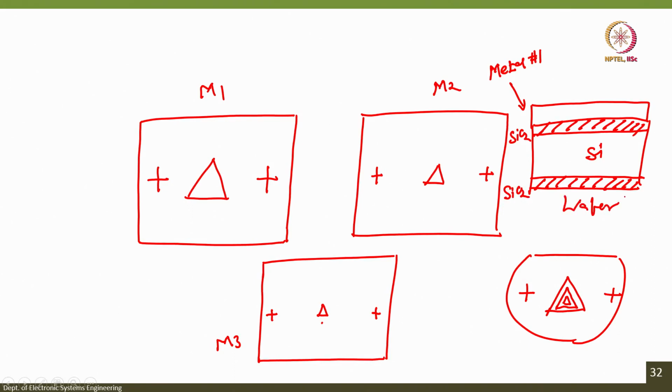And what do we want? All 3 triangles should align such that the smaller triangle for mask 3 should fit in the triangle for mask 2, and it should fit in the triangle for mask 1, right. These are all metal triangles. So, metal 1 is there. When you have metal for the first time, you do the alignment.